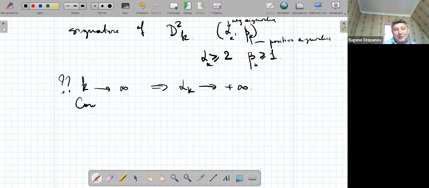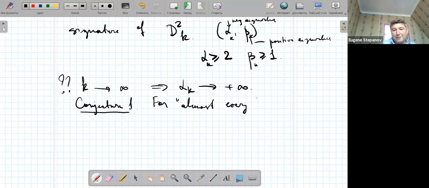Conjecture 1: for almost every metric measure space (X, d, mu), and there are many ways of saying almost every, alpha_k will tend to plus infinity.